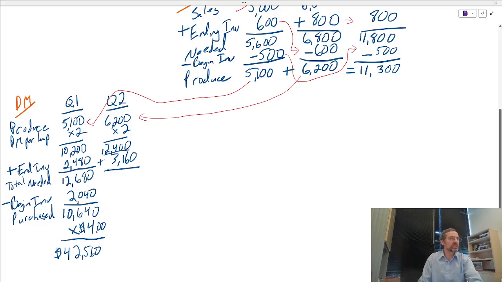So the total that we need is, add those two together, 15,560. And then we'll subtract our beginning inventory, which, remember, where did that come from? That's ending inventory of the last time. So that's the 2,480.